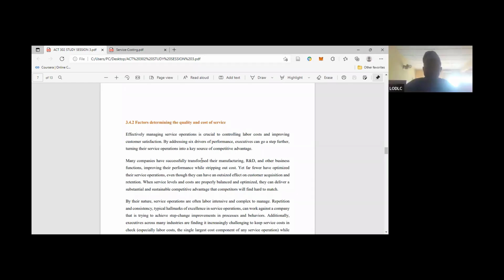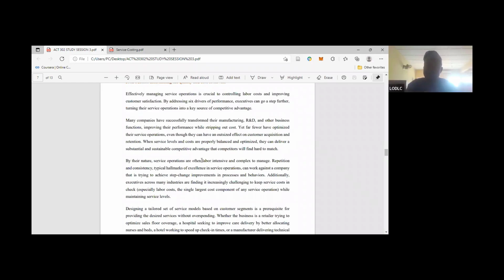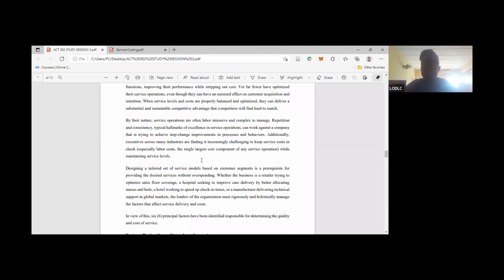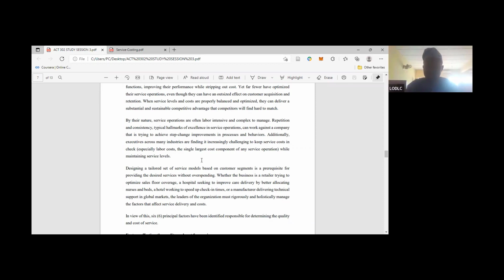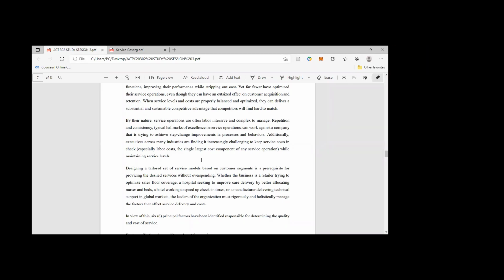By their nature, service operations are often labor-intensive and complex to manage. Repetition and consistency, typically a hallmark of excellence in service operations, can work against a company that is trying to achieve step change improvement in processes and behaviors. Additionally, executives across many industries are finding it increasingly challenging to keep service costs in check, especially labor costs, the single largest cost component of any service operation.